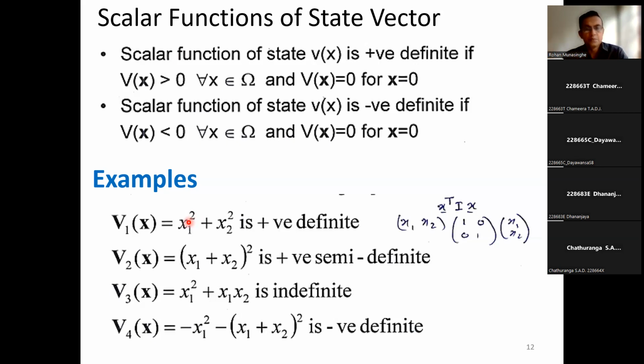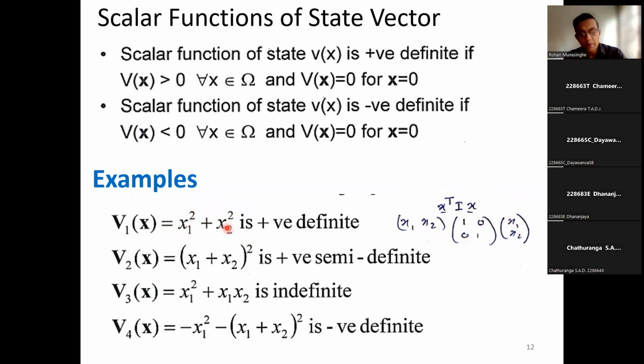It's a scalar. In linear algebra, this energy function is written like this: the state variable transpose, then in the middle the unit matrix, and then the state vector x1, x2. When you multiply this vector with this matrix and then the result with this vector, the result is x1 square plus x2 square.